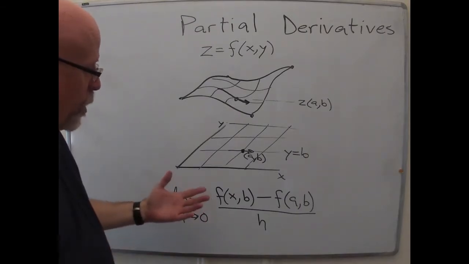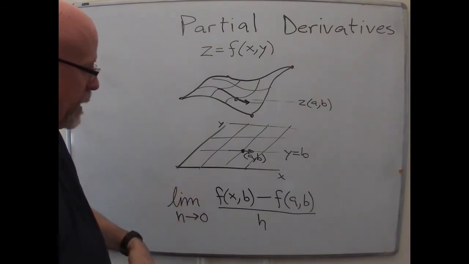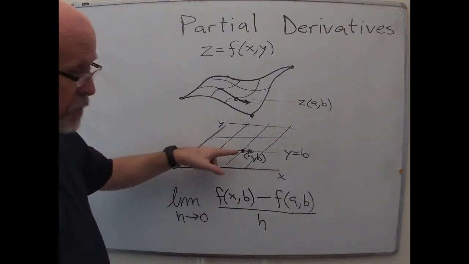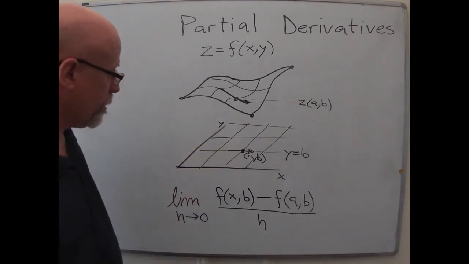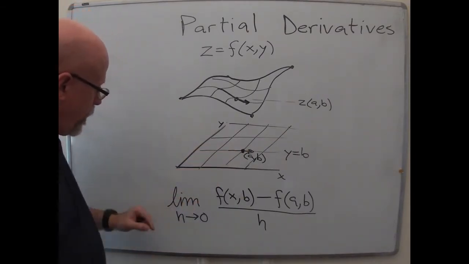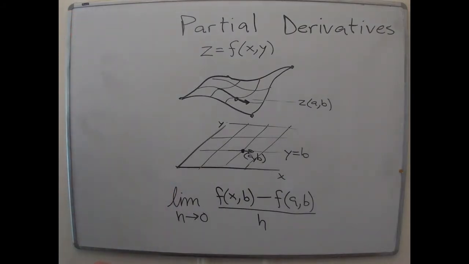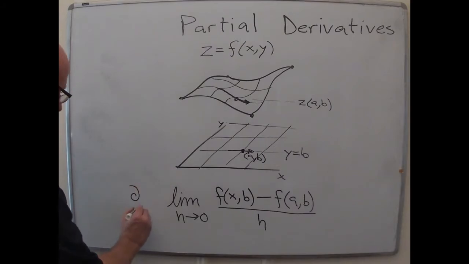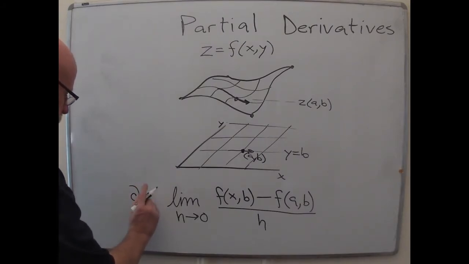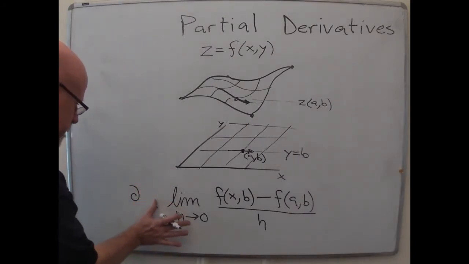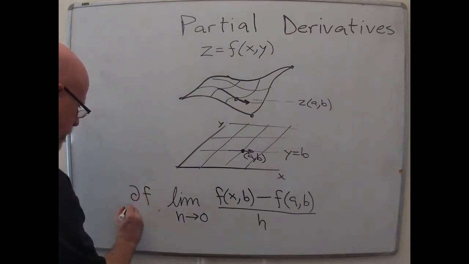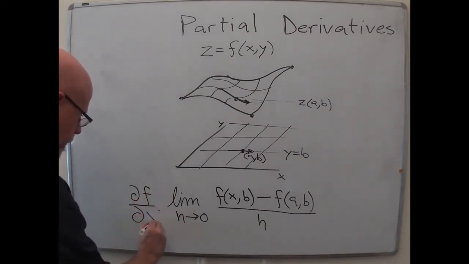And this is called the partial derivative with respect to x. We're letting x change, so that's the thing that we're changing. Now, there are two notations for this. Leibniz style notation looks like this: partial f partial x.